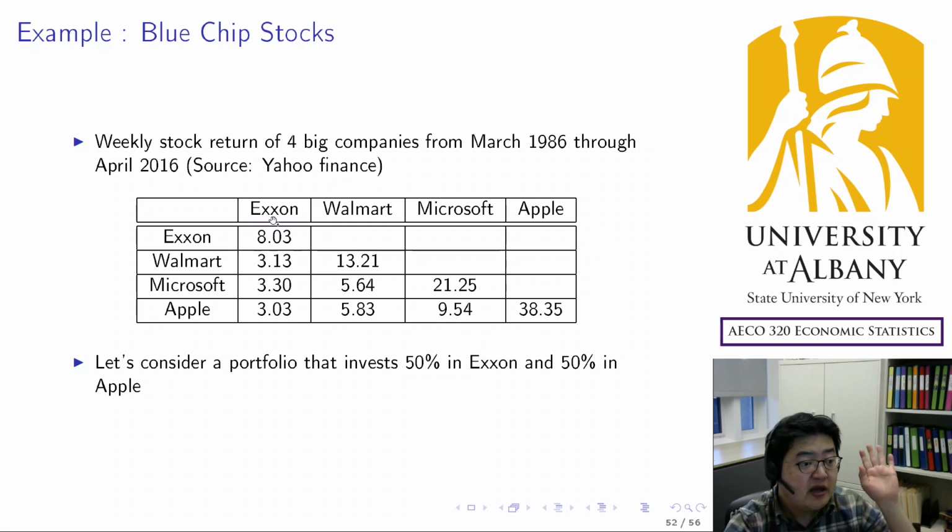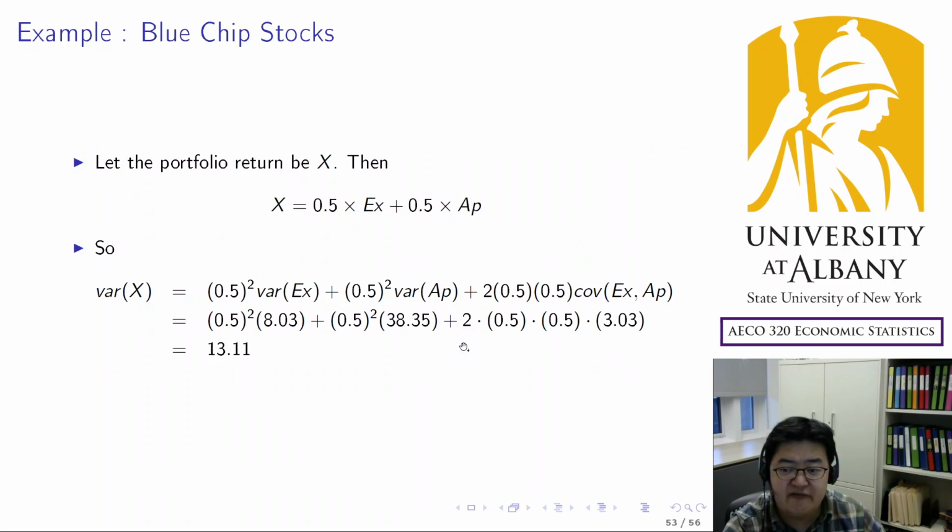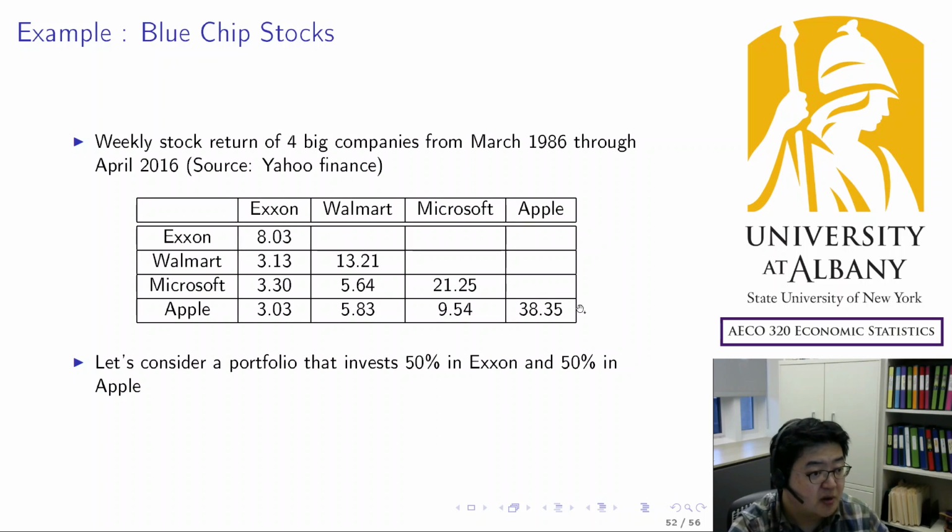If you invest 100% in Exxon, your risk would be 8. But now, because of the 50% in Apple, the risk is greater than Exxon 100%. But this risk is smaller than Apple 100%.